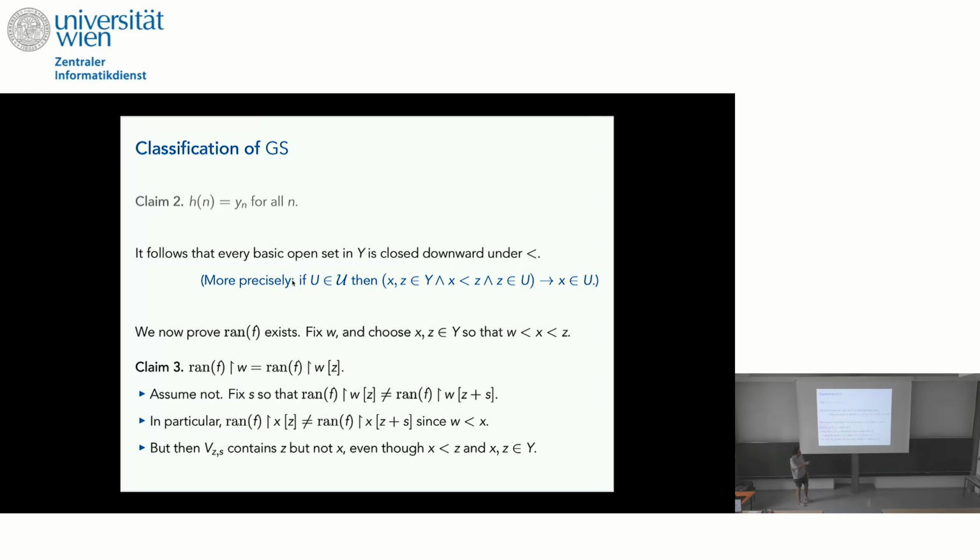So in particular, it does not contain x, but x is smaller than z, right? And we just argued that open sets are all closed under these initial segments. That's the proof, right? So that's how we're extracting the range out of a topological principle.